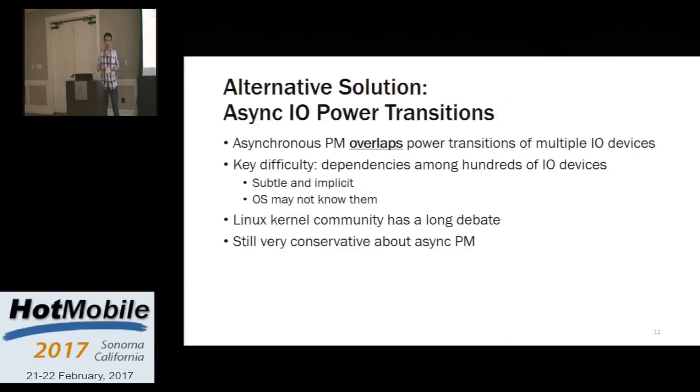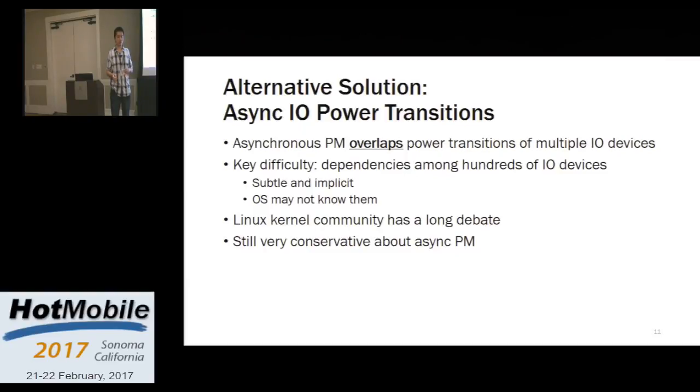Since the power transition is really slow, why don't we make it asynchronous? There is actually an approach that overlaps the power transitions of different I/Os. But it has its own problems. First of all, the hardware has implicit dependencies, and the OS driver does not know what other I/Os depend on.